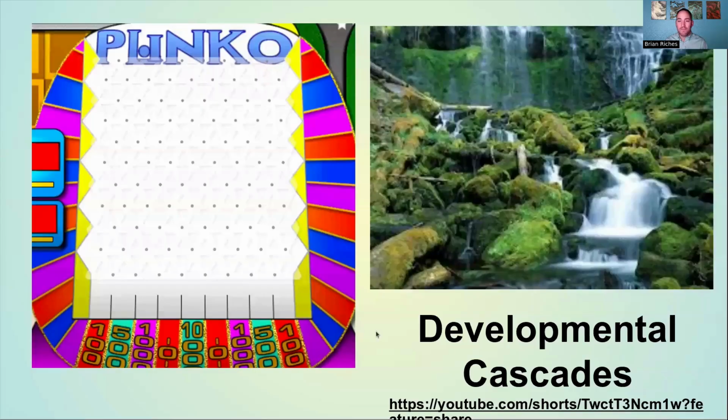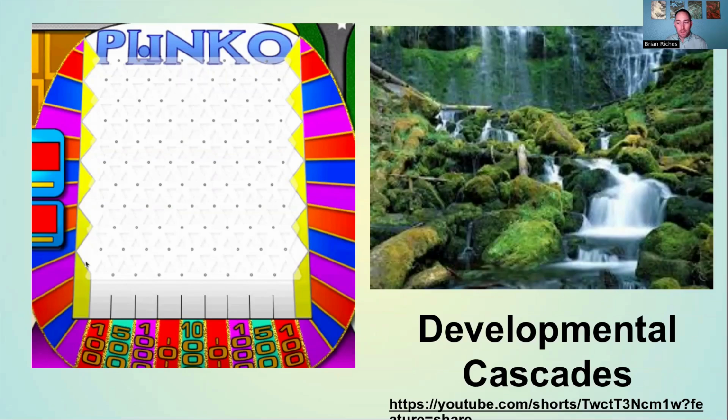Another good visual model to think about when you're thinking about development and change over time is this developmental cascades model. So this is a good model to think of how people change over time. You can think of it as this Plinko board. If you've ever seen this game played, you're trying to get a good score. And so you drop a ball, it bounces off these pegs.